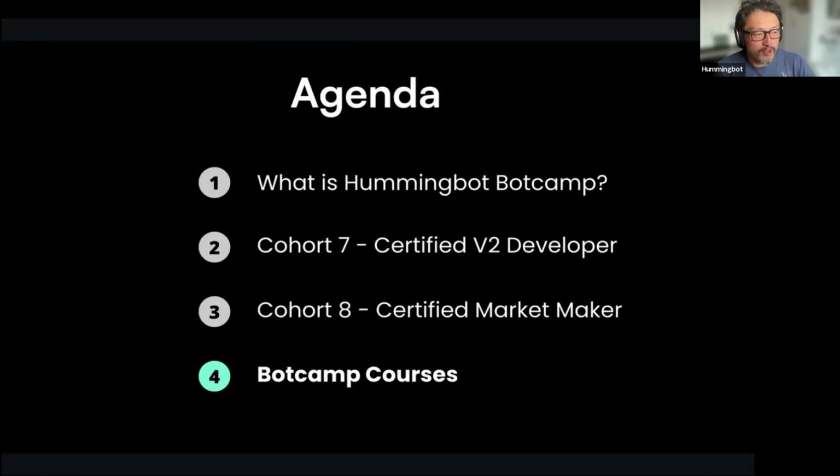So we're also taking the material that we're teaching and packaging it up into more structured, pre-recorded course content that will sell at a lower price point on the Botcamp website.